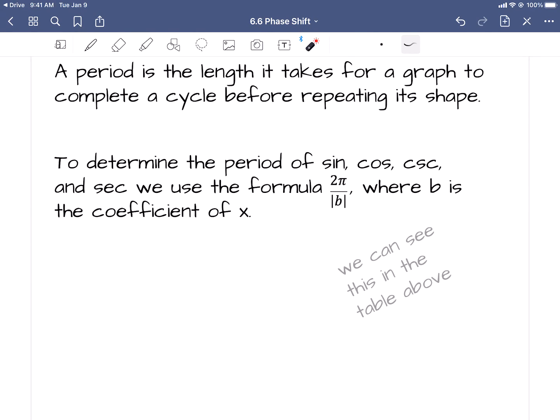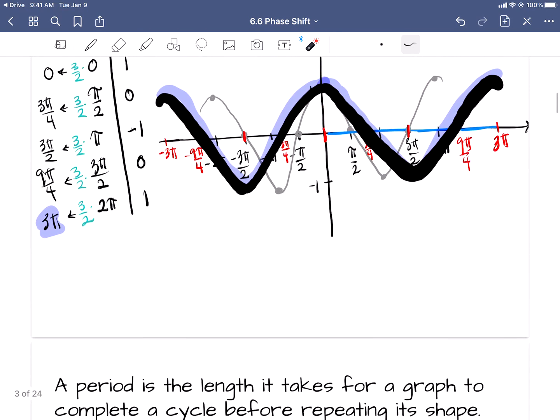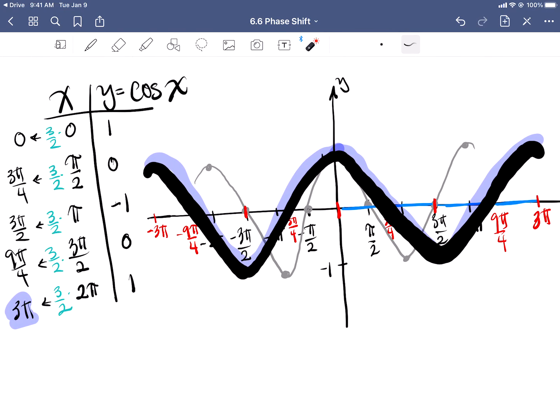So if I look back at the table and I look to see what happened to 2 pi after I applied the coefficient of x to it, and when you apply the coefficient of x, you use the reciprocal. So the coefficient of x was 2/3, so I multiplied 2 pi by its reciprocal.